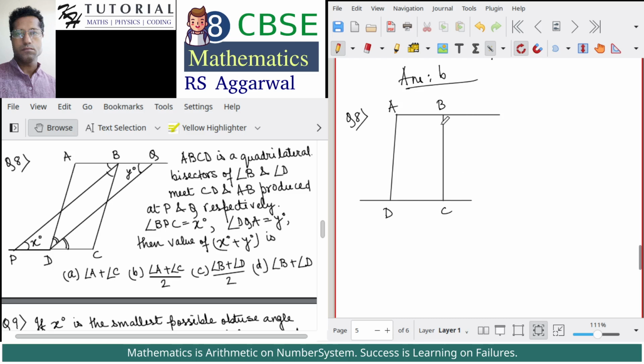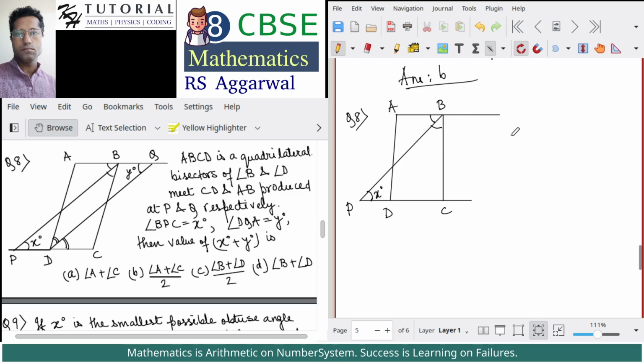Bisectors of angle B and D meet CD and AB produced at P and Q. So the bisector of angle B meets at P. So this point is P, which is obtained by producing the side CD. Okay, so this is x degree, and this angle is equal to this angle as BP is the bisector of angle B.